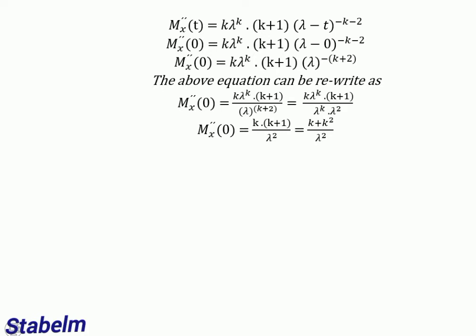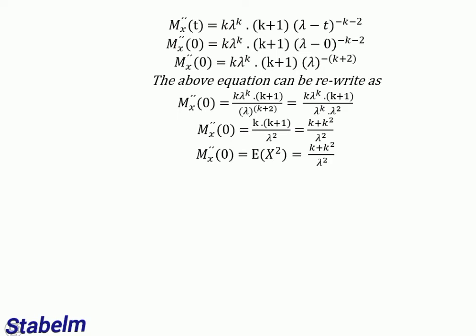Now what is the formula talking about? We say this is M double prime x of 0 equals E of X raised to power 2. That's what we said earlier. Now E of X raised to power 2 equals k plus k raised to power 2 divided by lambda square.